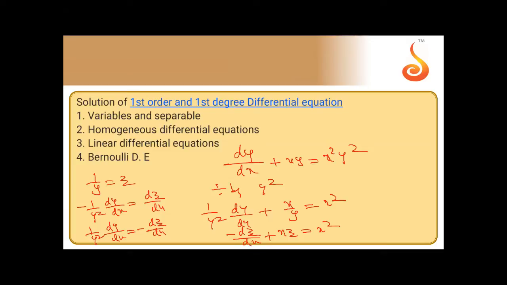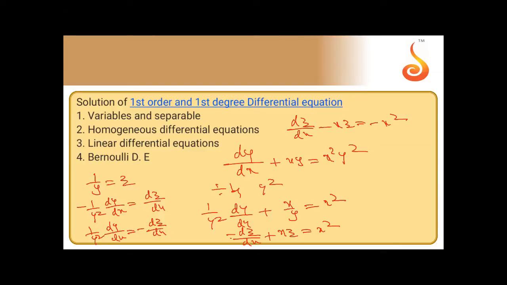Then multiply by minus, because we don't want the minus here. So dz by dx minus xz equal to minus x square.